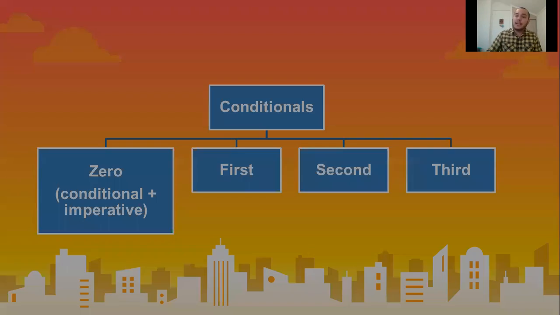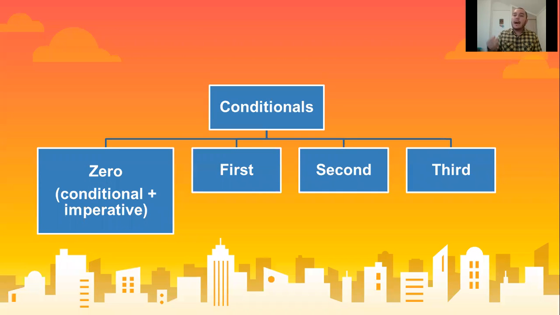But to get introduced into this, I could say that conditionals are a very important content in this year. What is the reason? Because we have 4 different types of conditionals.